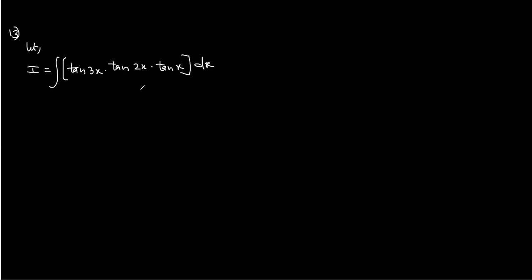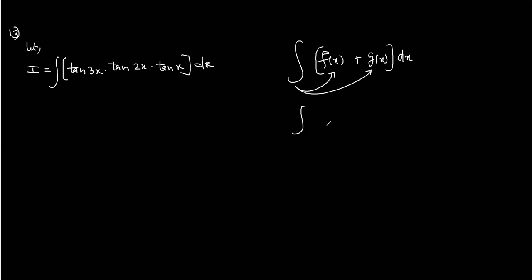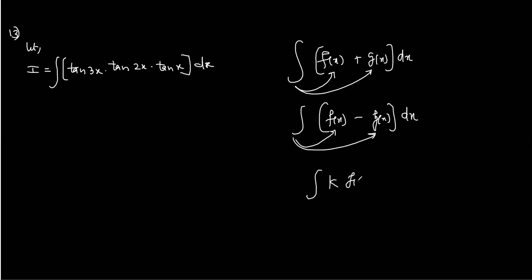Here you have only: if you have the integral of f of x plus g of x dx, then you can write integral f of x plus integral g of x. You have the integral of f of x minus g of x dx, then you can write integral f of x minus integral g of x. If you have the integral of k f of x dx, where k is a constant, then the only thing you can do is take k out and integrate f of x dx. Other than this, you cannot do anything. These are the rules available.